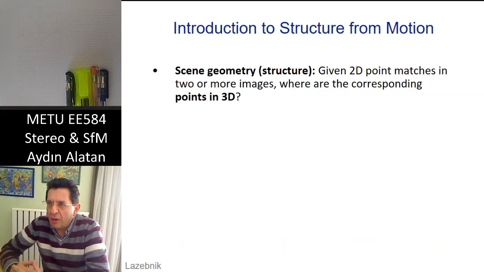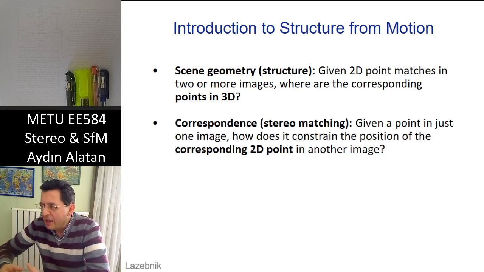Okay, now let's talk about what the fundamental problems are. Maybe the most important thing is where the points that I observe in my image are in the 3D world: the positions, the coordinates of the objects in the 3D world. This is the most fundamental thing that I have to answer. Another thing is we have multiple images, as I have said, either due to motion or multiple cameras.